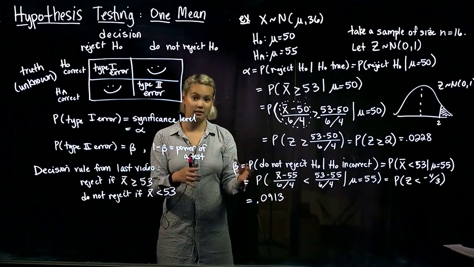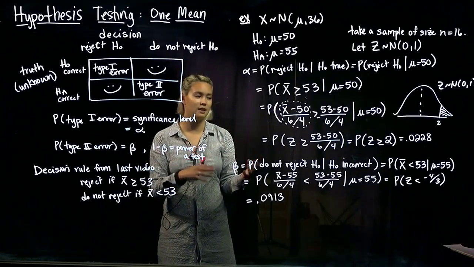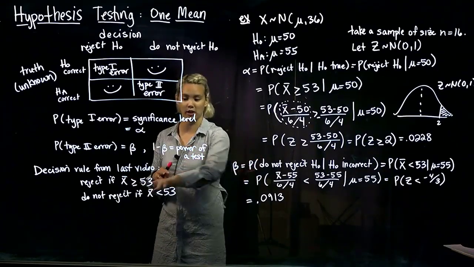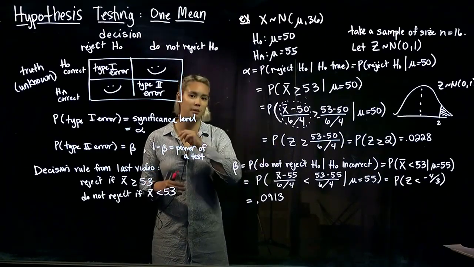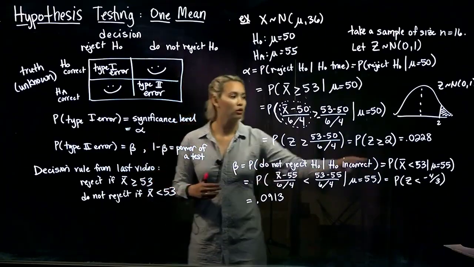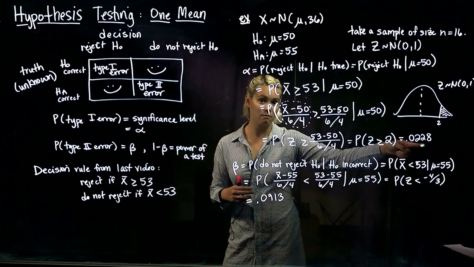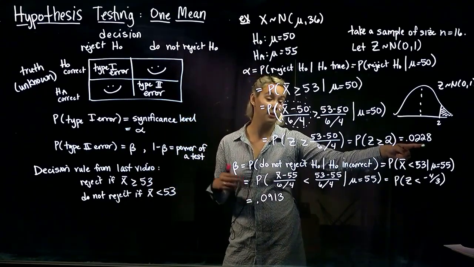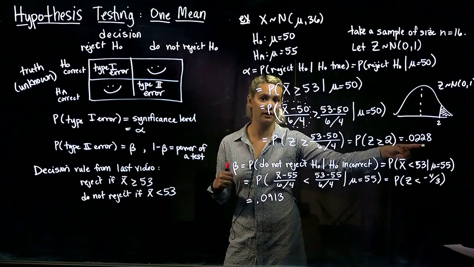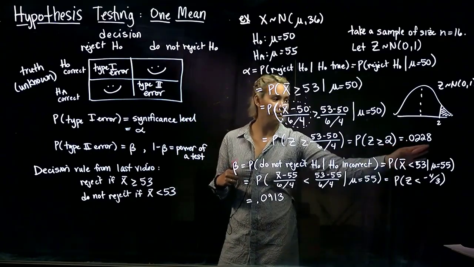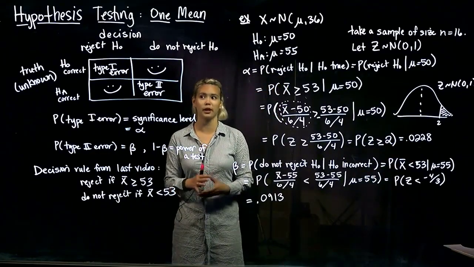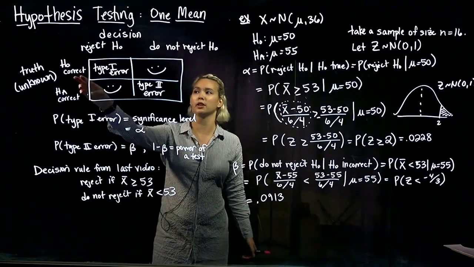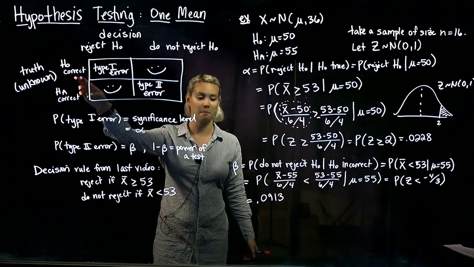And then we do that again. We take another sample of size 16 and decide, do we reject or not? We do that over and over, maybe a million times. Then about 2.28% of the time, we're going to end up mistakenly rejecting the null hypothesis. So that's our probability of a type 1 error, the probability of mistakenly rejecting the null hypothesis.